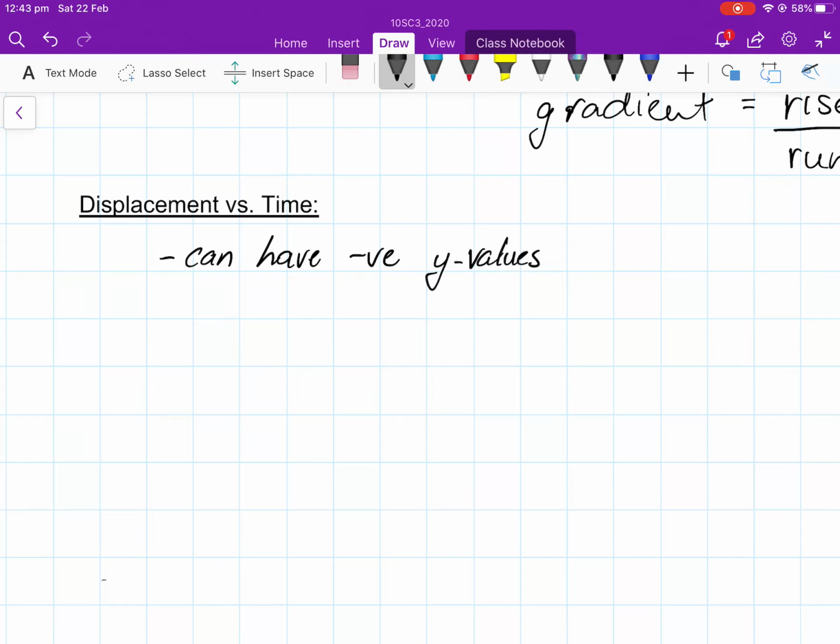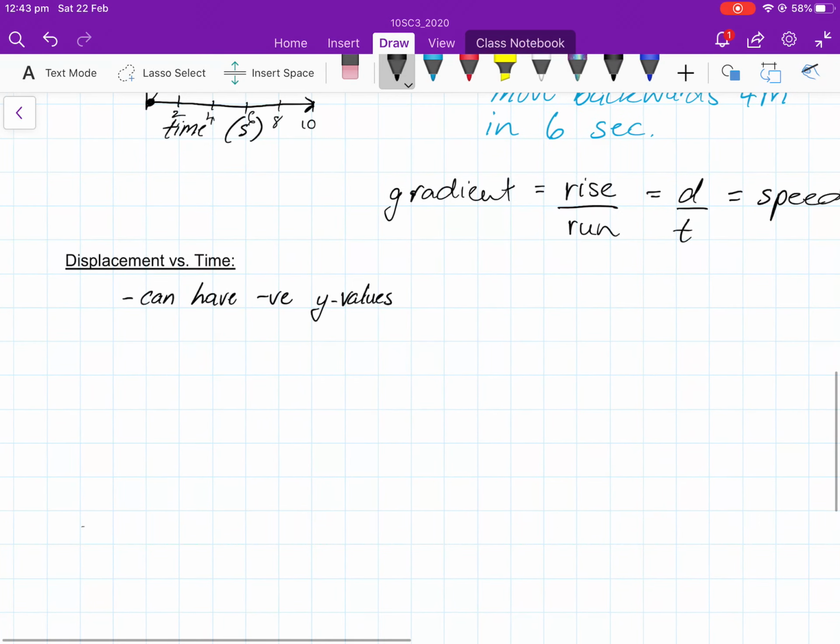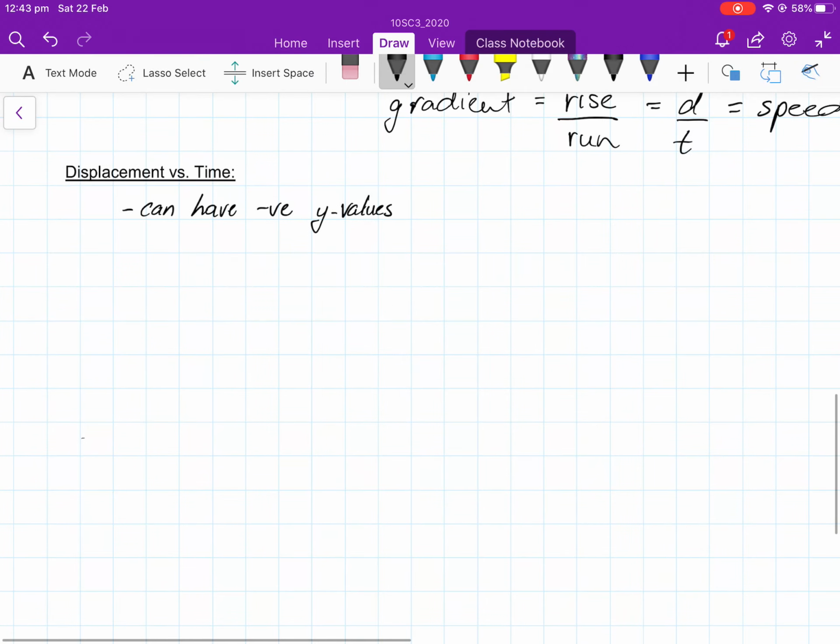All right. So let's take the same example that we did from our distance versus time example. But first, let's draw our graph. Now remember, all graphs should have a title. So this title, as you can see I've written above, is displacement versus time, because it should always be y versus x.